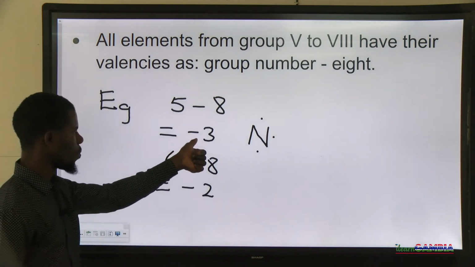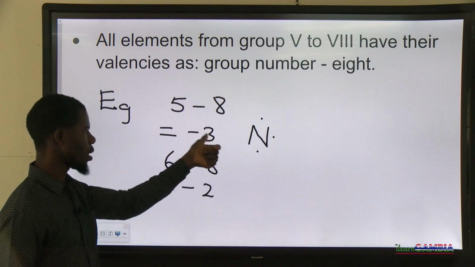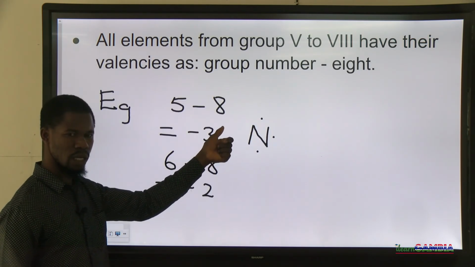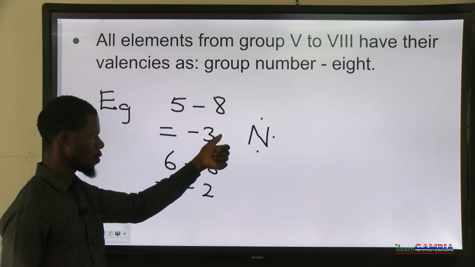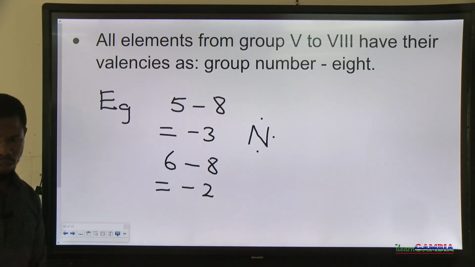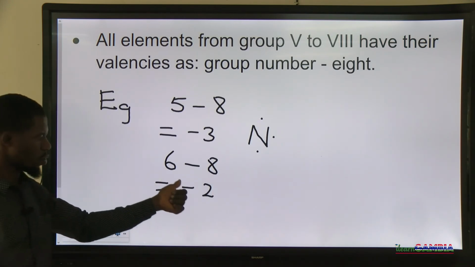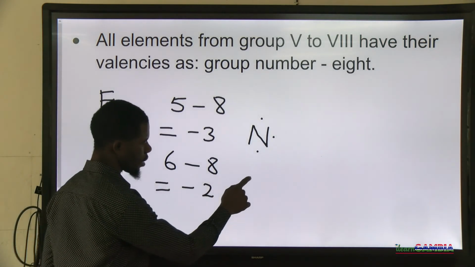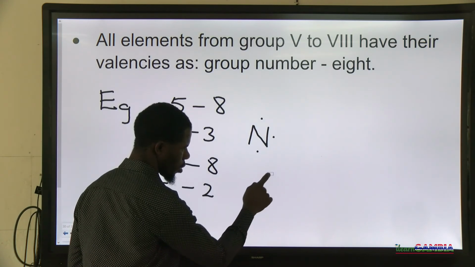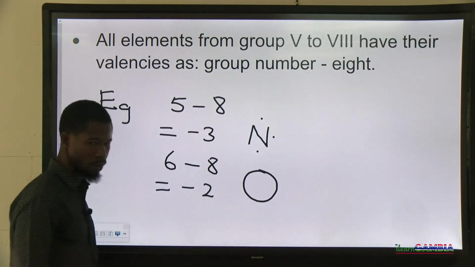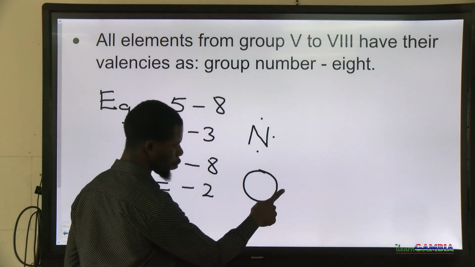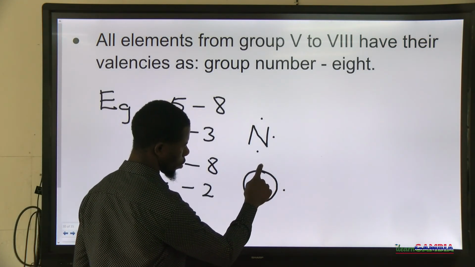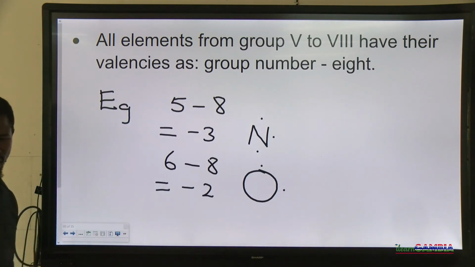That is why we state here that nitrogen requires 3 electrons, or any element in group 5 will require 3 electrons to fulfill the octet rule. The same thing also applies to those in group 6, for example, oxygen. We know that oxygen has 6 electrons on its outermost shell, so it needs 2 extra electrons to behave like the nearest noble gas.